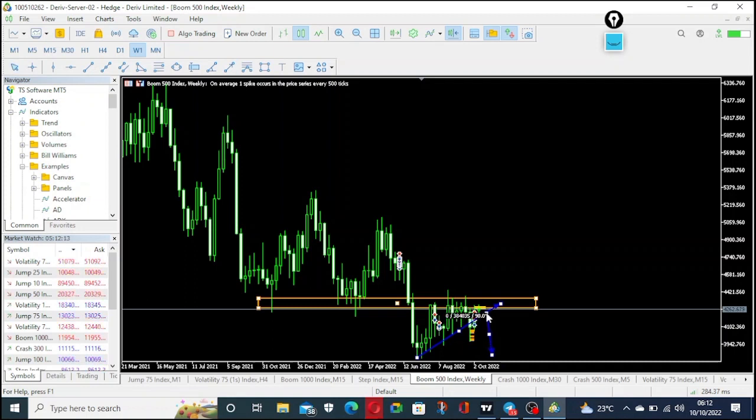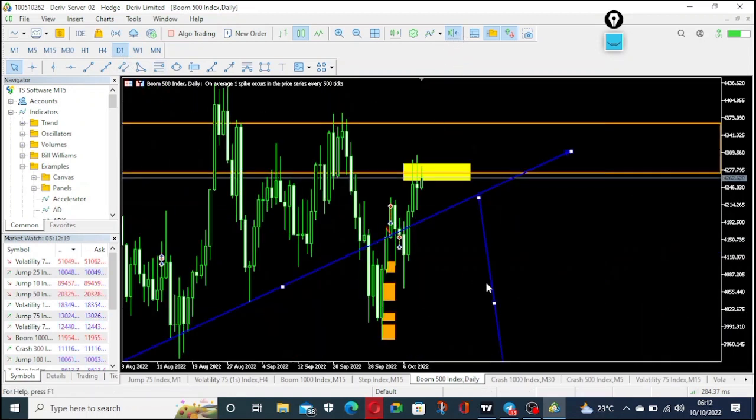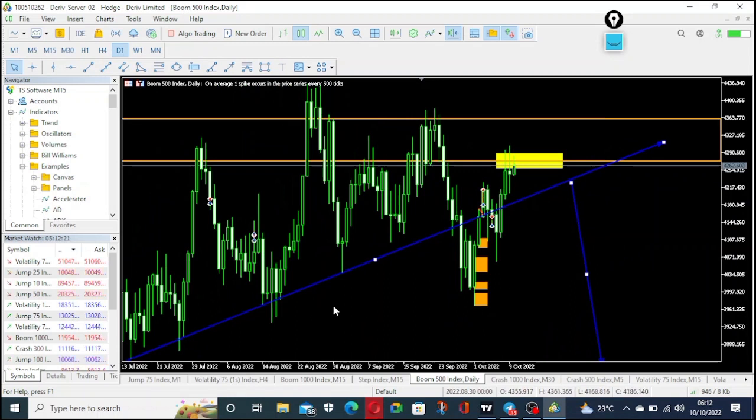Meanwhile, let's go to the lower time frame. Let's see the daily time frame to get a clearer view. If we go by this more recent pattern, we can see price has been going up to retest this area.